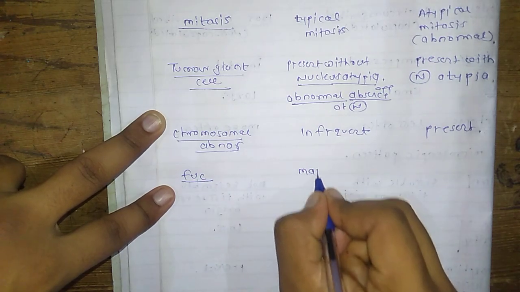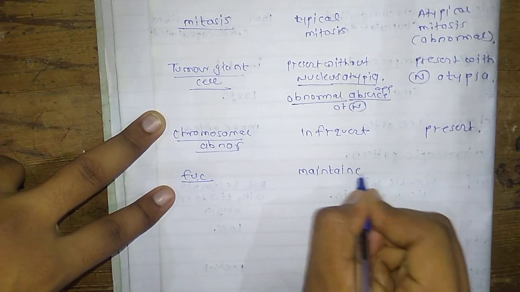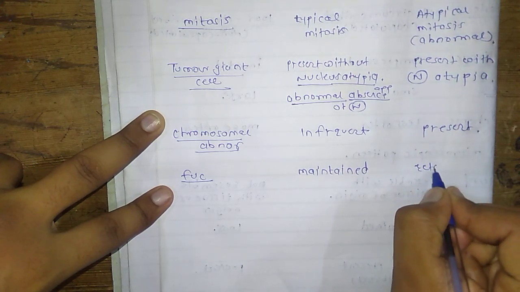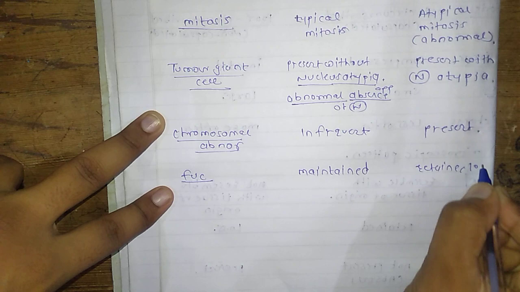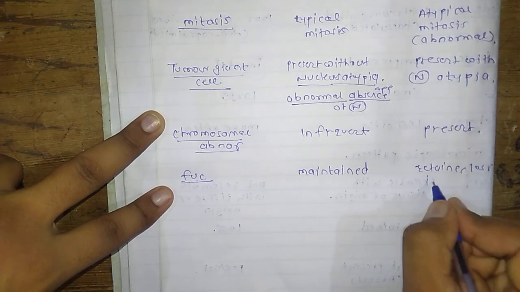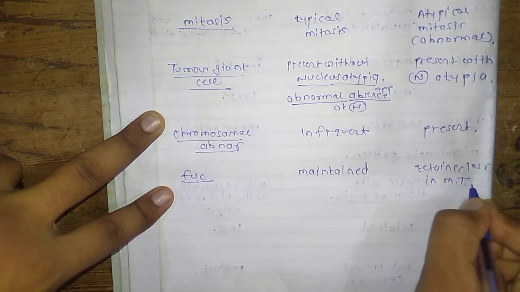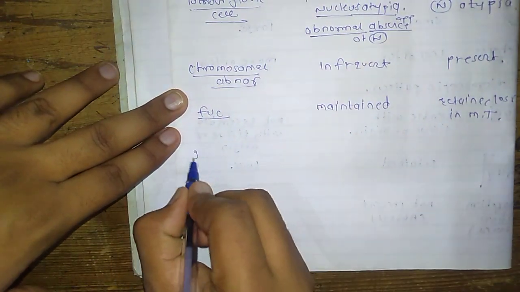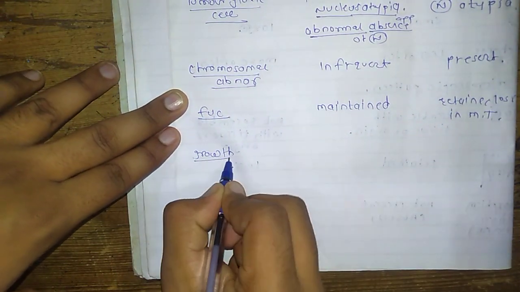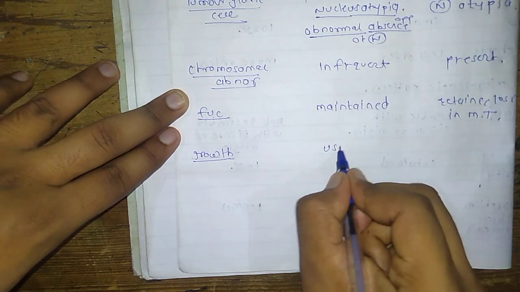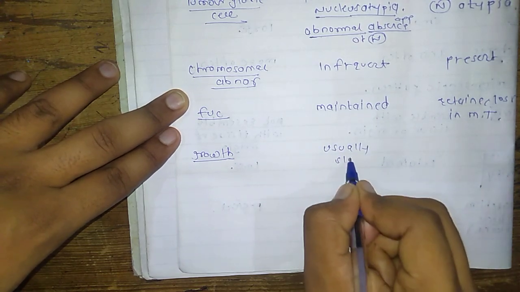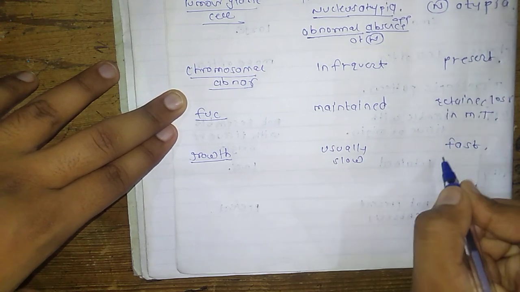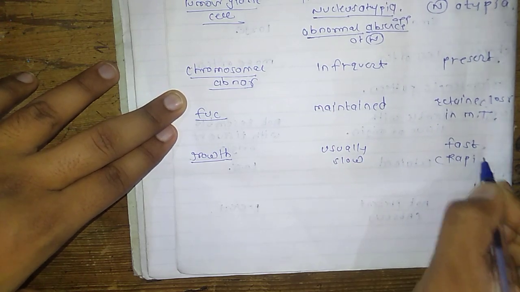The functions are maintained in benign tumors and lost in malignant tumor. Then growth is usually slow in the benign tumor, and in malignant tumor the growth is fast or rapid.